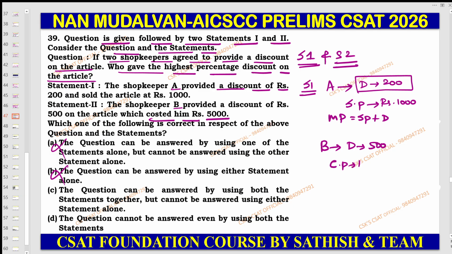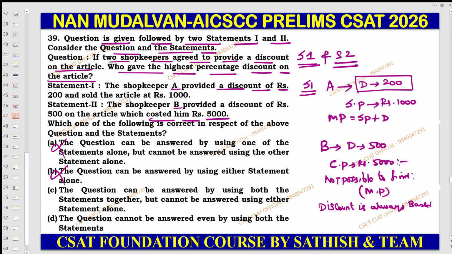So CP is provided, and it is not possible to find out MP here. When it is not possible to find out the MP, always remember discount is always based on MP.